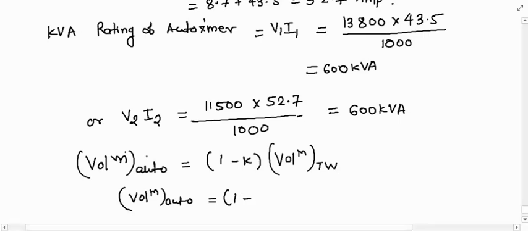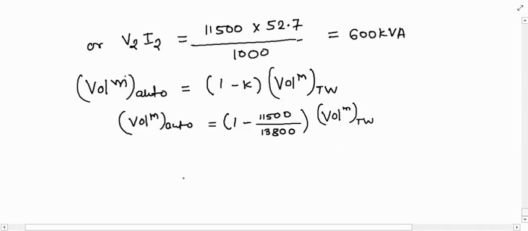Means 11,500 divided by 13,800, into the volume of your normal 2 winding transformer. So students, what you will get is 1 minus 0.83 into the volume of your 2 winding transformer.